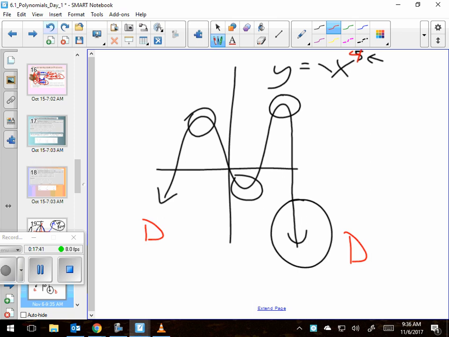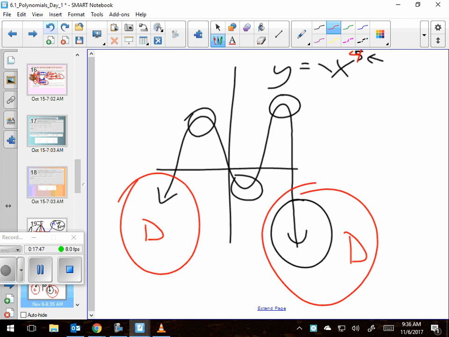The moral of the story is that the power tells you whether the ends are the same or different. If it has an odd number right here, then they're different. If it's even, then they're the same end behavior. And if they're odd, then it's different on the ends.